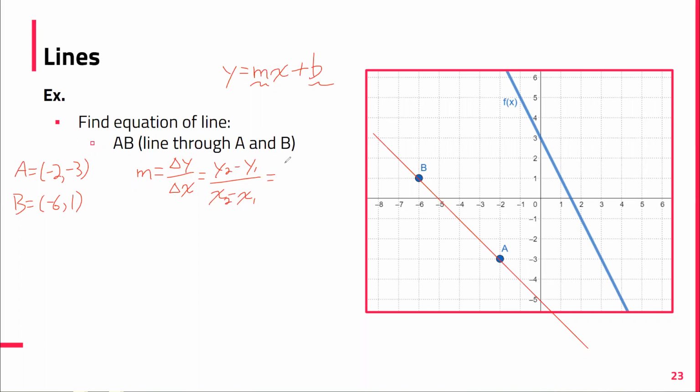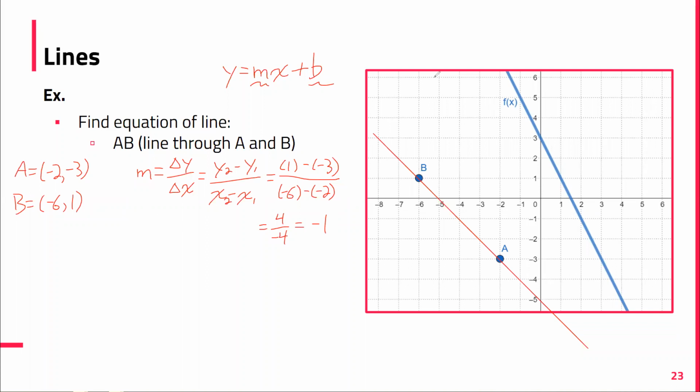Our y2 is 1 minus -3. And then as our other one, we have our x2, -6 minus -2. So this will turn into +4 over -4, which is -1.